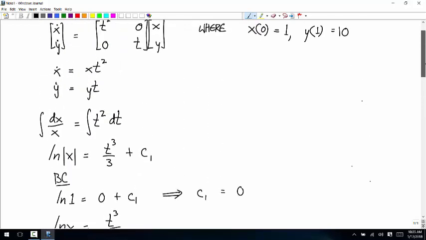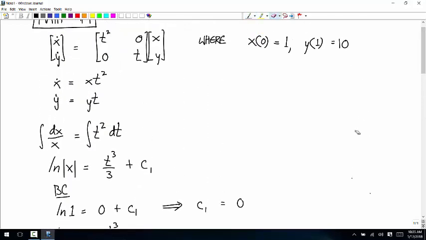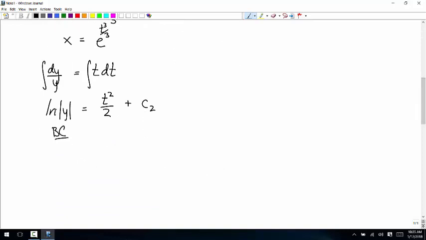And then the boundary condition for y says if t is equal to 1, y is equal to 10. So natural log of 10 is equal to 1/2 plus c2. So c2 is equal to natural log of 10 minus 1/2.